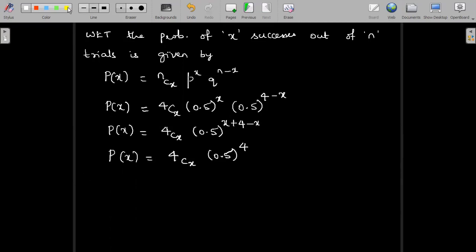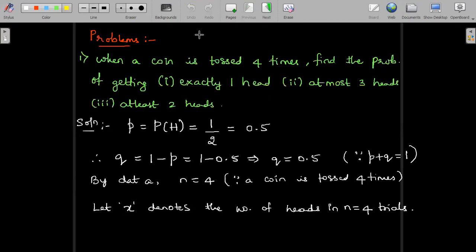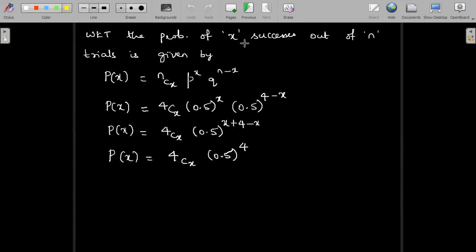The first case asks, what is the probability of getting exactly one head? It means my number of successes is 1, because I have assumed P as the probability of success, correct? And x represents the number of successes for n trials. Now I can take x is equal to 1 and find the probability of getting 1 head.